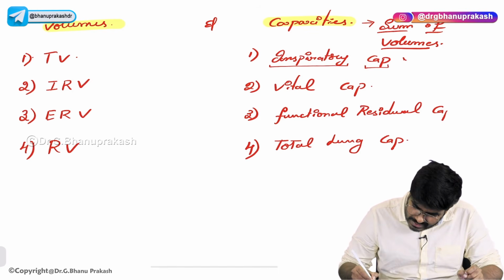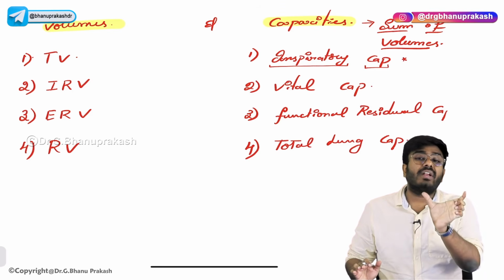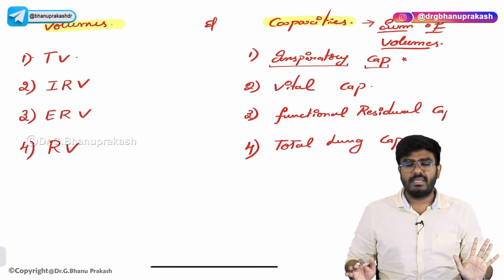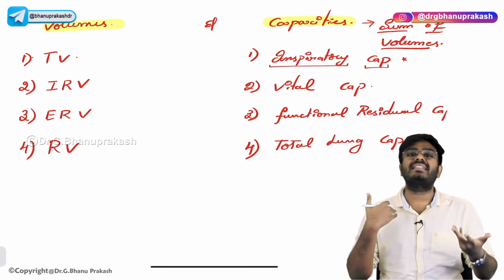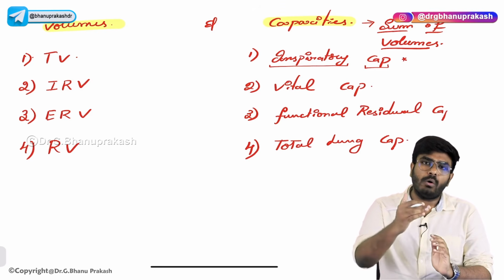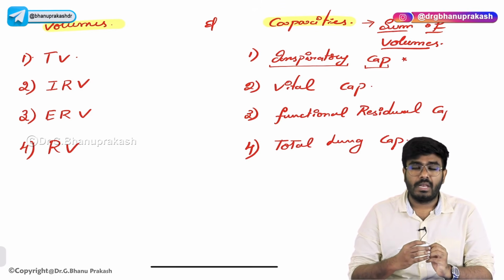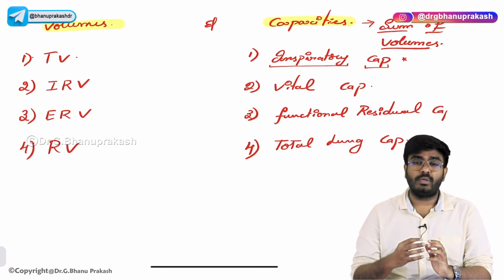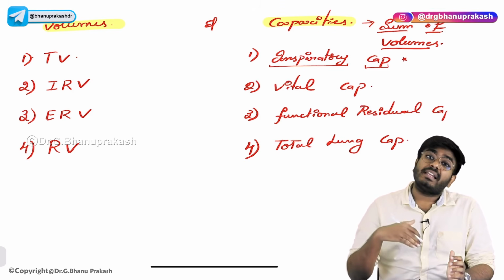So, what is inspiratory capacity? The name itself tells you: your capacity of inspiration, how much you can inspire maximum. Right now I am in a resting position, not inhaling or exhaling. If you ask me, sir, what is your inspiratory capacity, how much can I inspire? I can take tidal volume in, and if you ask me to take extra air, I can also take inspiratory reserve volume.